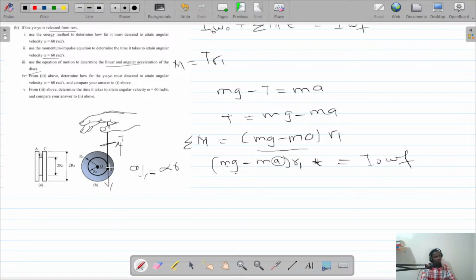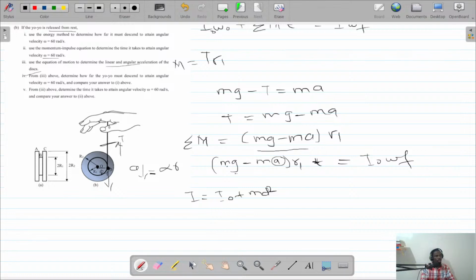When we want to find the moment at this tip here, we're going to have I equal to I naught plus m d squared, and this time our d is r1.